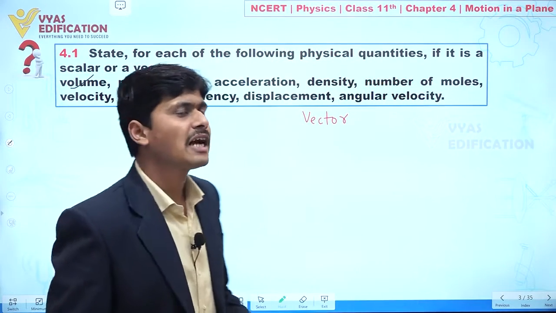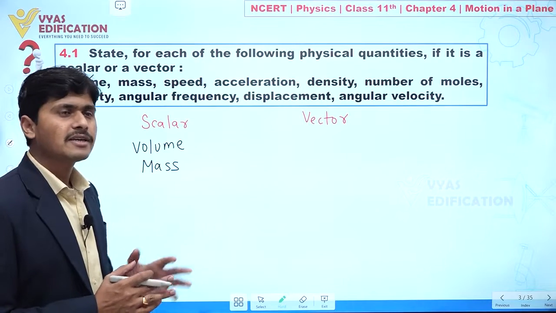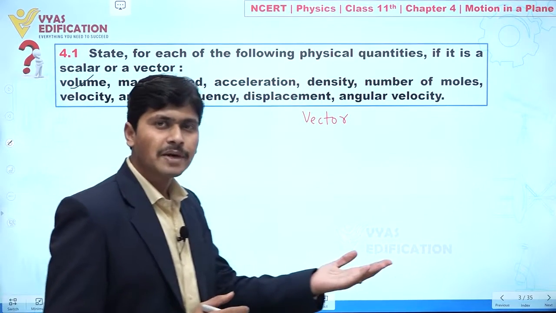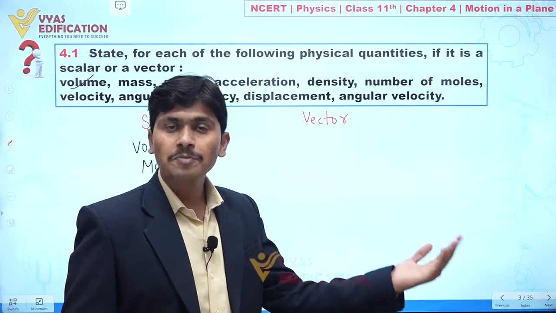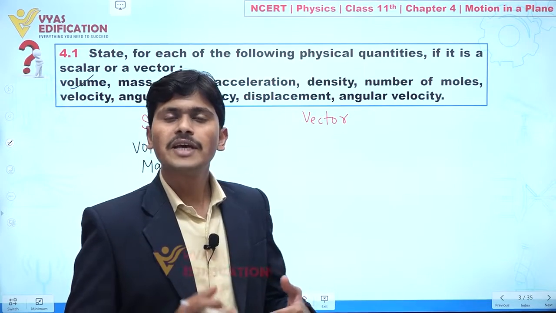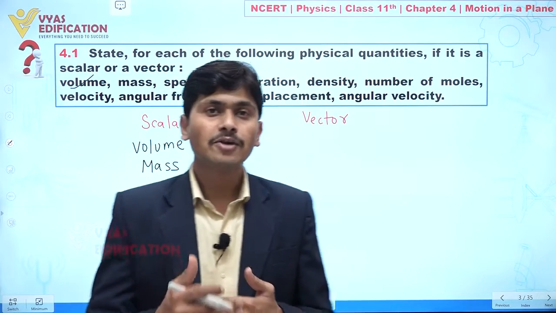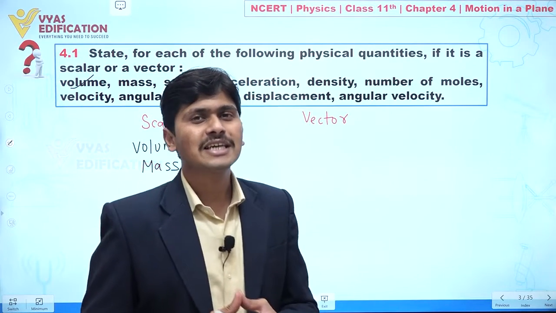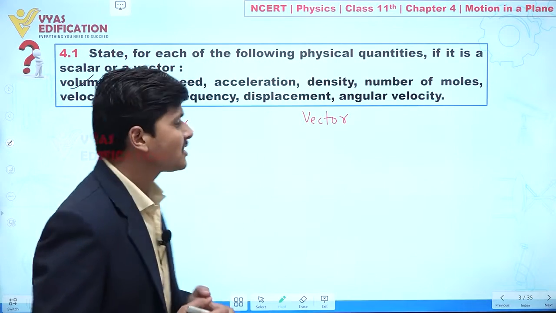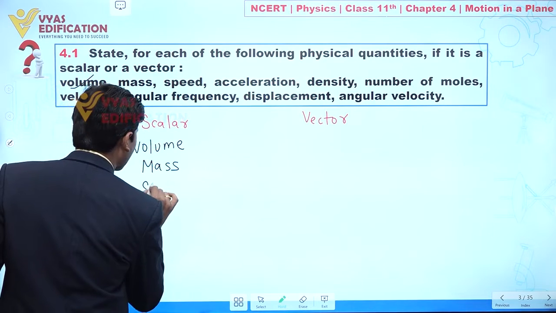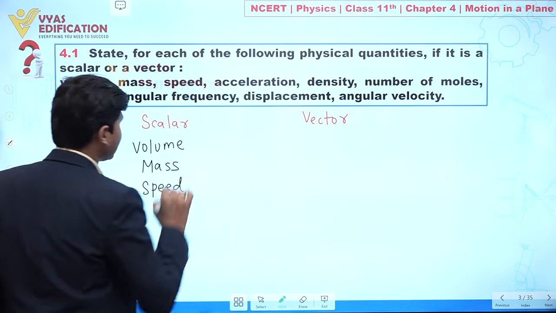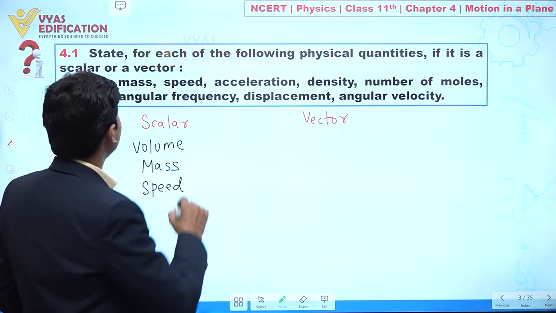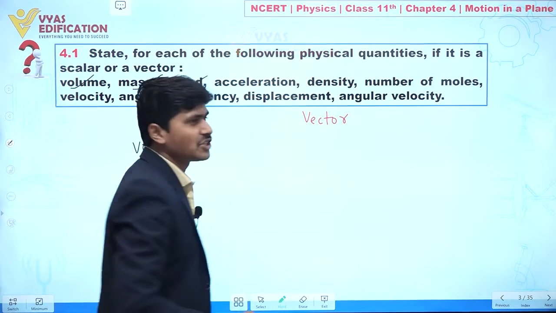We are getting complete information: 35 is the magnitude and kilometer per hour is the unit. So speed is also a scalar quantity.